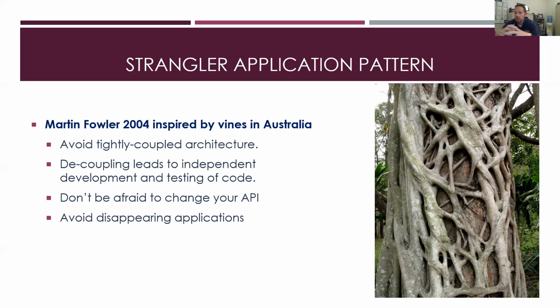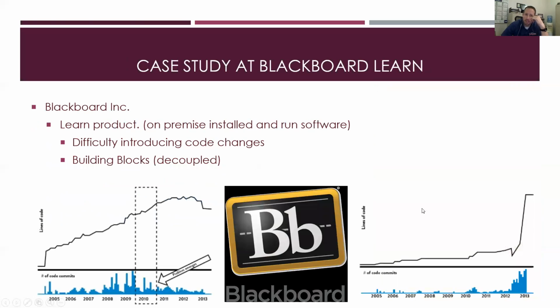And they strangle, it's beautiful, I mean, it's really pretty, but they strangle the tree underneath it. But basically, you have to do this in your company in order to avoid that initial architecture you built from destroying everything around it. And so you strangle that application and you start building the different APIs around it, and then you can start to grow again.